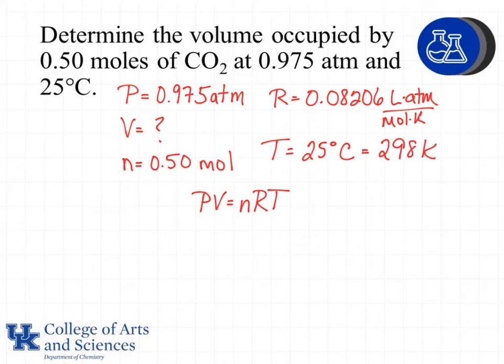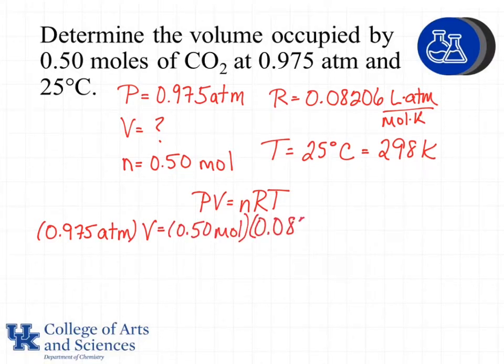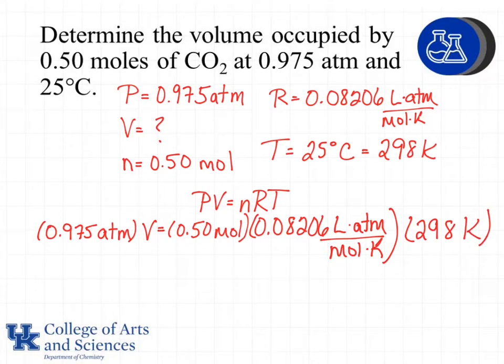If you forget what units should be used in the ideal gas law, look at the units of the ideal gas constant R. Notice that the units, liters, atmospheres, moles, and Kelvin match up with the units of our other variables. Now we can plug the values into our equation. So we plug in the pressure. The volume is left as V because that's our unknown. We have n times the ideal gas constant and times our temperature in Kelvin.